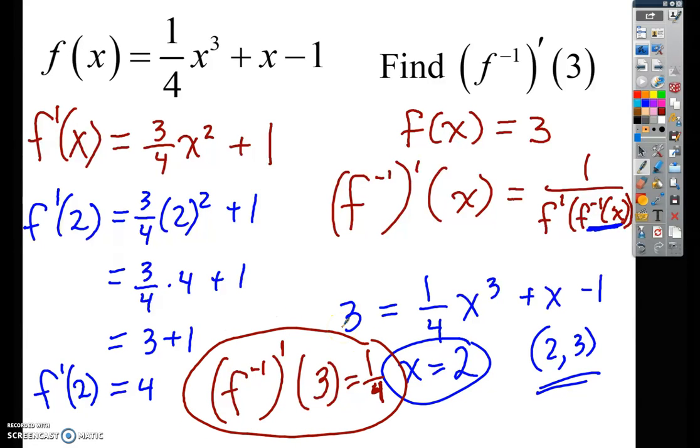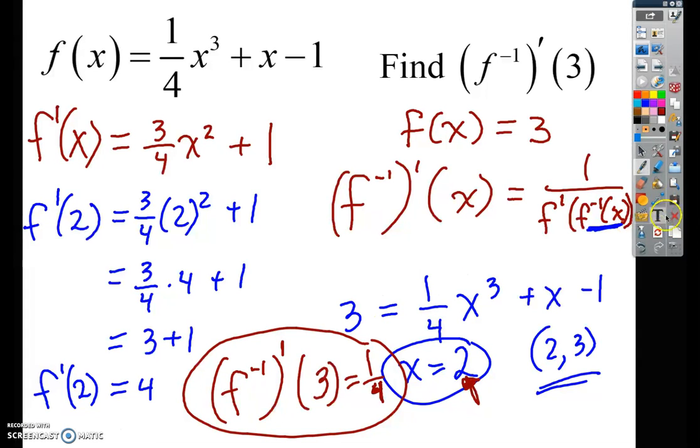You've kind of got a couple of shortcuts here. Mostly the big shortcut is you really don't have to remember this. It's a reciprocal relationship. The tricky part is figuring out what value you're looking for. That's the hard part.